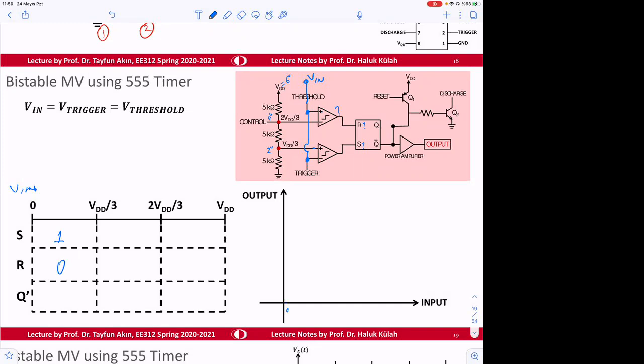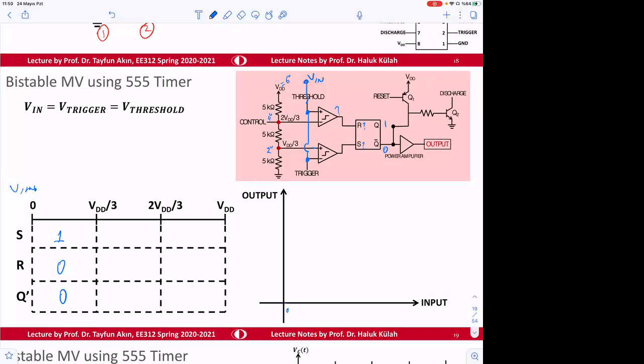So if that's the case, our circuit will be set. Set means this will be 1 and this will be 0, so therefore this will be 0, Q bar.